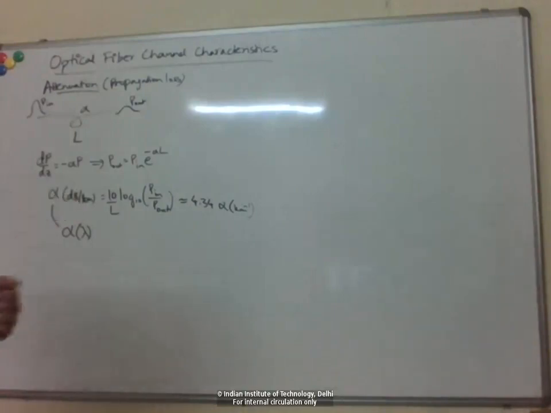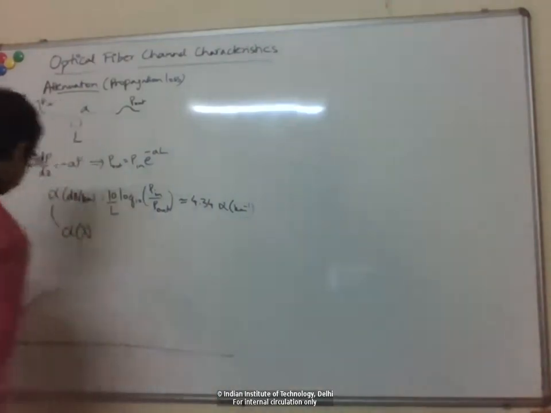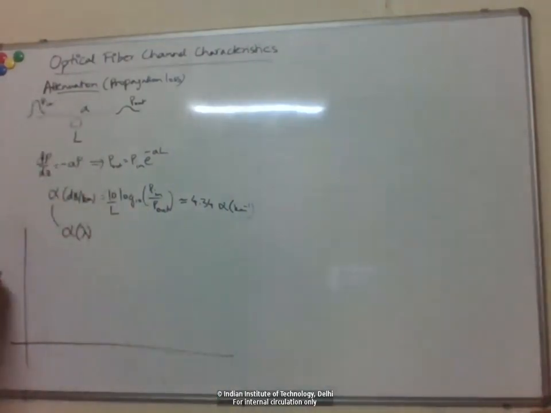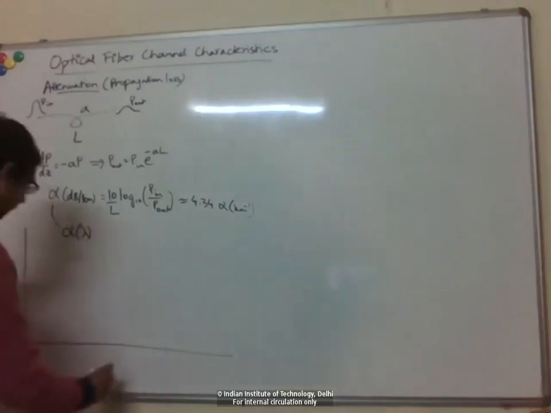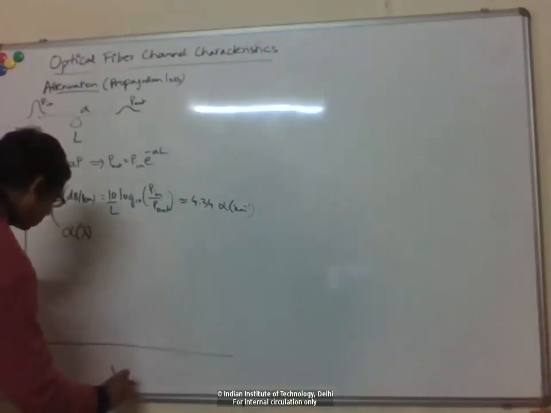The near infrared wavelengths that we choose are used primarily because alpha is minimized at those wavelengths. If you look at this loss spectrum, which we briefly looked at already, as a function of wavelength.